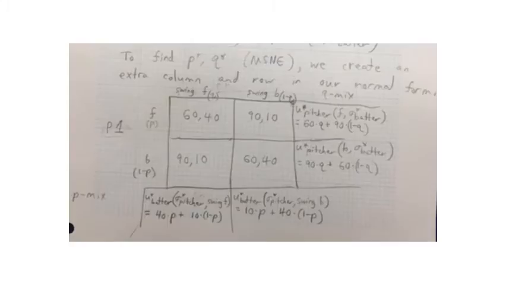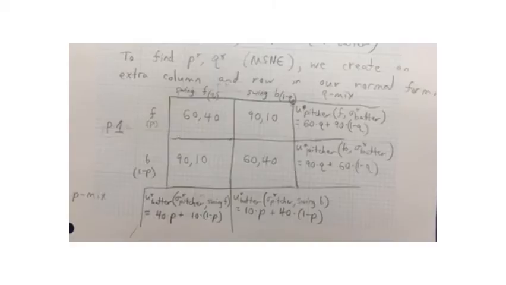Then we move down the Q mix column, and that second entry is the payoff to the pitcher should the pitcher choose a breaking ball and the batter choose the designated mixed strategy. If the pitcher chooses a breaking ball and the batter is mixing according to Q, 1 minus Q, then with probability Q, the pitcher is going to get a payoff of 90.